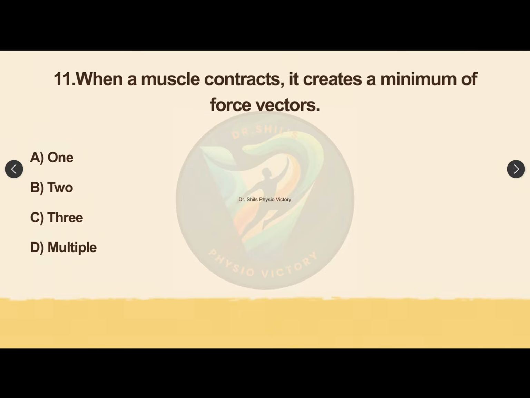Next question. When a muscle contracts, it creates a minimum of how many force vectors? Option A 1, option B 2, option C 3, and option D multiple. Here the correct answer is option B, 2. When a muscle contracts, its force is resolved into two vectors.